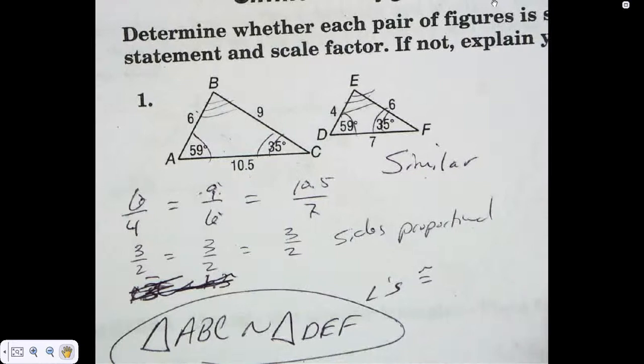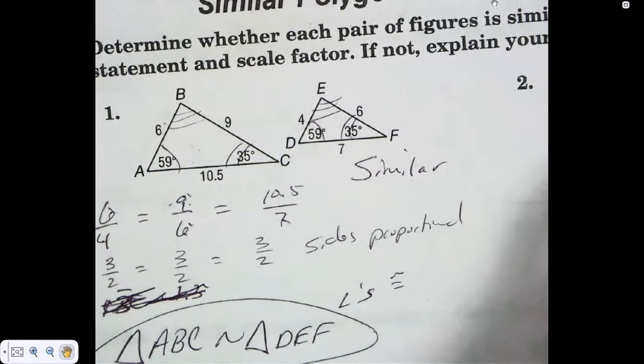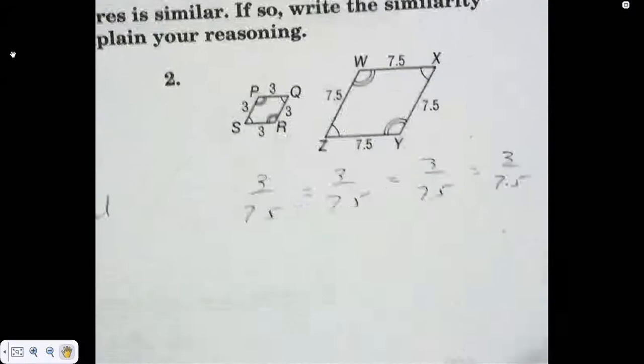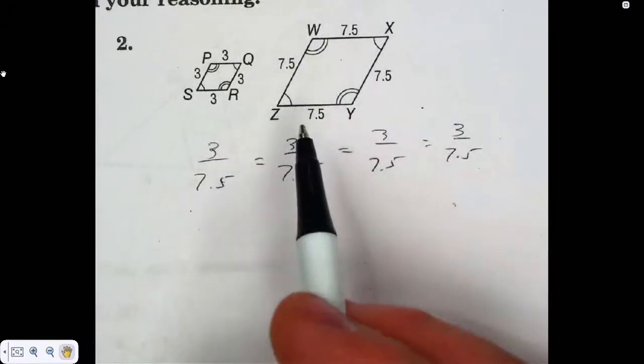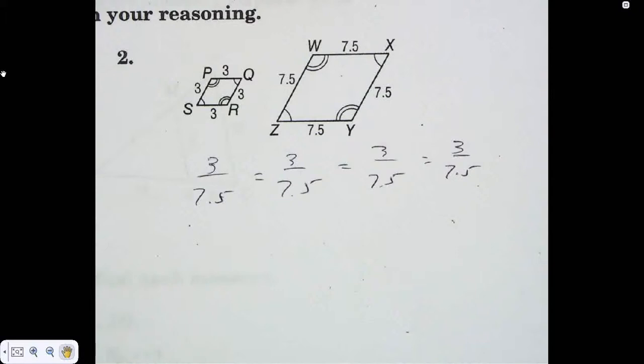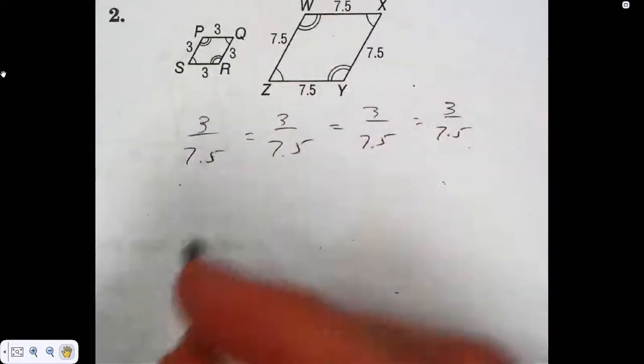Here, do we even need to worry about the sides? No. Why? Because the angles are congruent. On the next one, the sides are all congruent, right? So obviously the ratios are all going to be the same, aren't they? All you got to see is if your angles are congruent. Are your angles congruent? Yes.